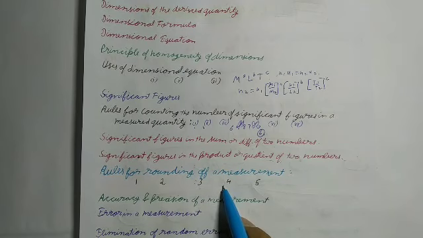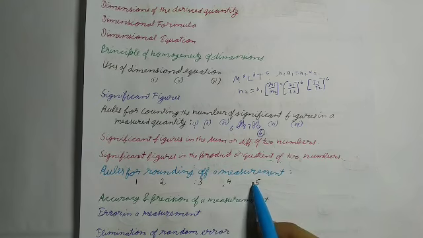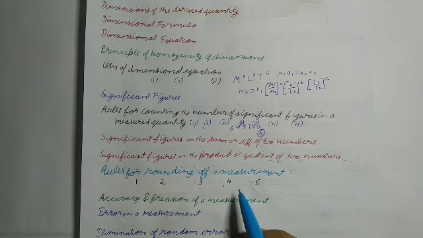Fourth, if the digit to be dropped is 5, then the preceding digit is left unchanged if it is even. And fifth rule is if the digit to be dropped is 5, then the preceding digit is increased by 1 if it is odd.